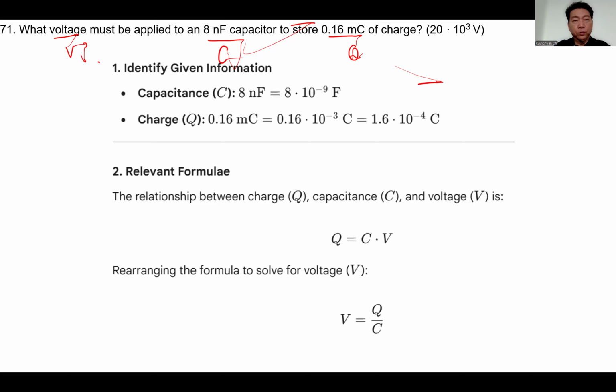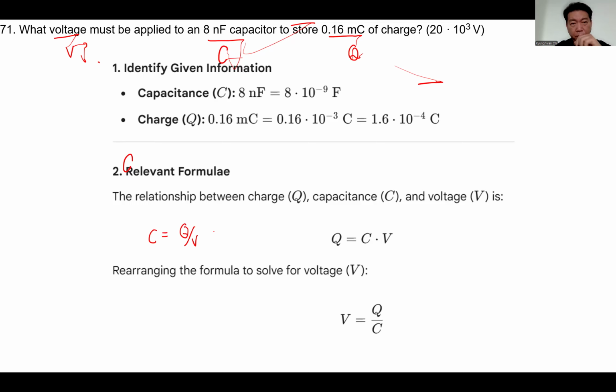The relationship between the charge and the capacitance is given by Q equals C times V, so we can solve for V. But the starting point here is that your capacitance is actually your charge divided by the voltage. Okay, that's important.